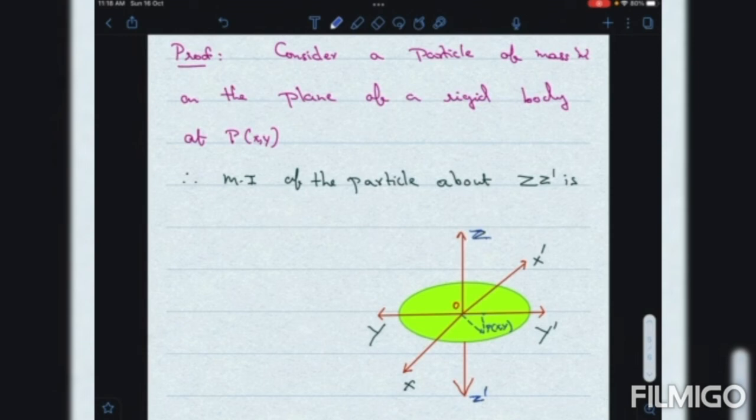Then we have OP square is equal to x square plus y square. Therefore, the moment of inertia of the particle about Z prime is mass at the point P into OP square, which is m into x square plus y square.